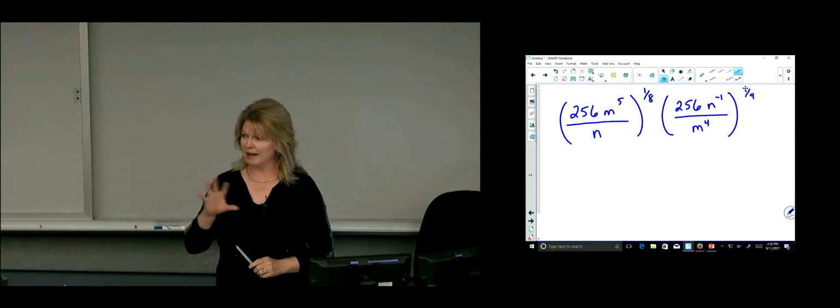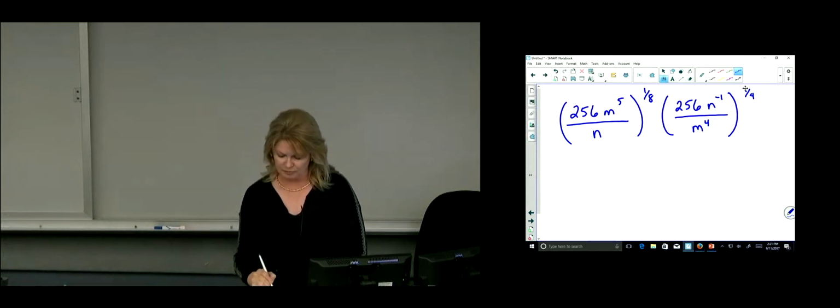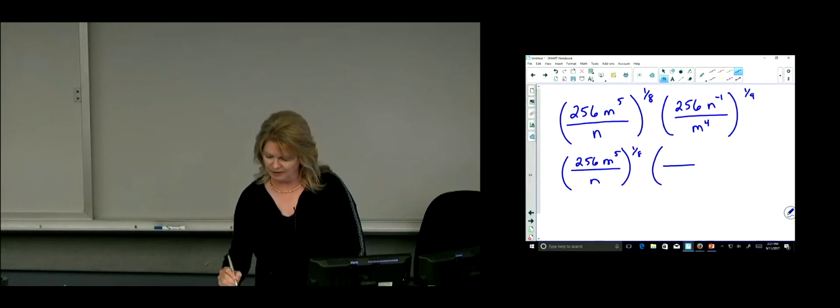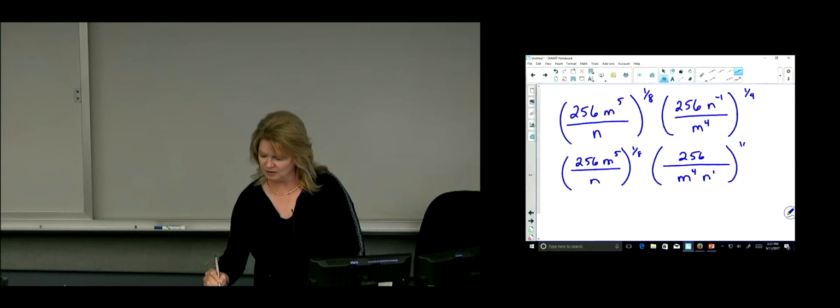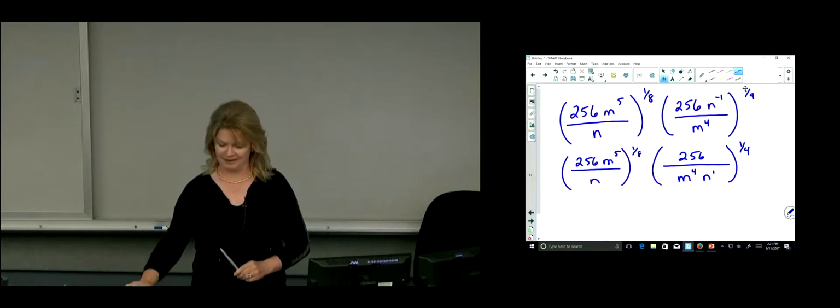Since it's multiplied and divided, I can drop that down to the denominator so that I have an n to the +1. So that's what I would do first. Now I have just positive exponents to work with. Okay with that?